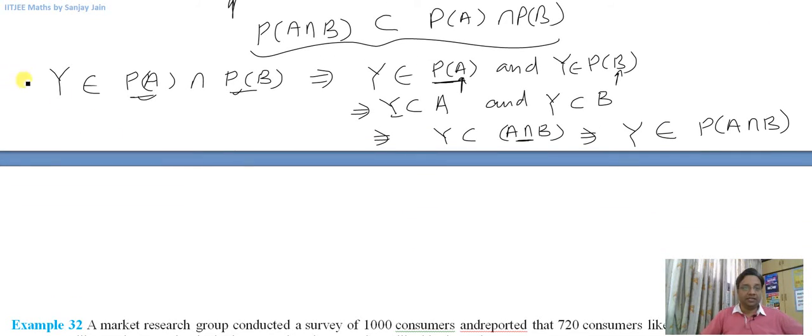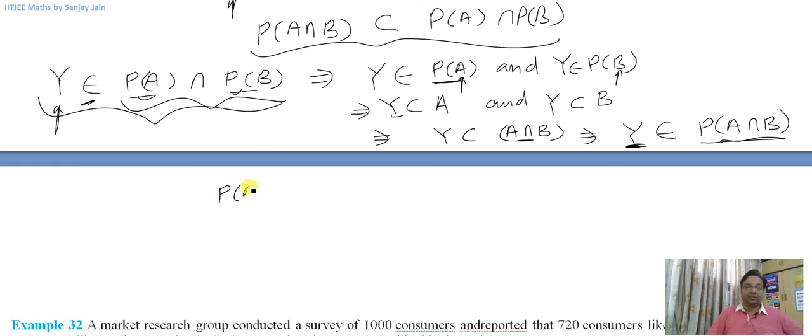So now see, I started with this, that this element belongs to this set, and I reached the conclusion that this set also belongs to this set. So I can say power set of A intersection power set of B is a subset of power set of A intersection B.